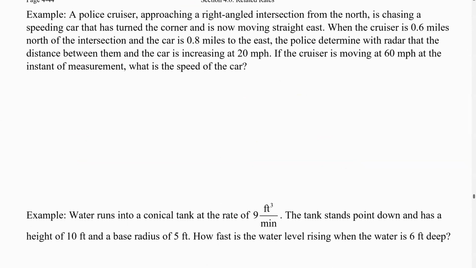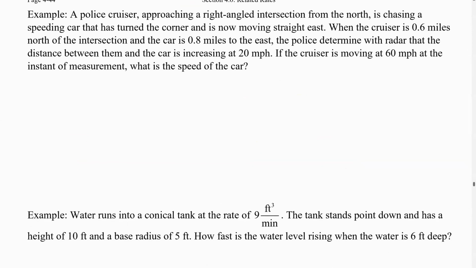A police cruiser is approaching a right-angled intersection from the north. I get my intersection, and here's the police. And it's heading south. It's chasing a speeding car. Let's call that S. It's turned the corner and is moving straight east.